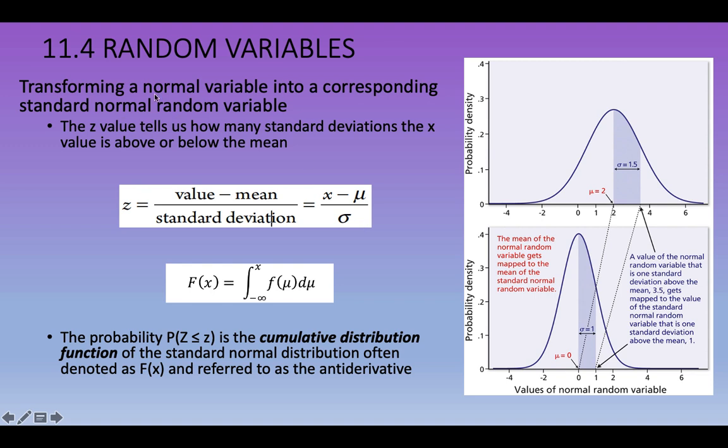So I can always transform this normal variable back to a standard random variable. And that's important when I think about other distributions as well, like the extreme value distribution. So keep that in mind. I can always fit a distribution to my data and then recorrect it to get it back into something a little bit more standard.